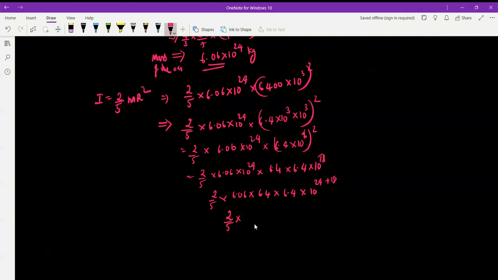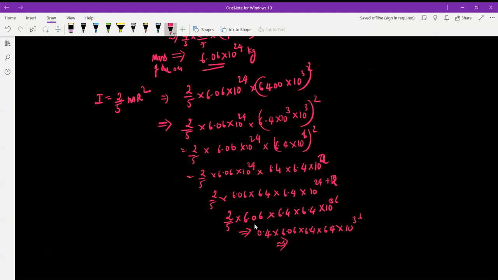So this should be 6 into 2, which is 12. So 6.06 into 6.4 into 6.4 into 10 to the power of 24 plus 12 is nothing but 36. So what is the answer? 2 by 5 is nothing but 0.4 into 6.06 into 6.4 into 6.4. What is the answer? Into 10 to the power of 36.